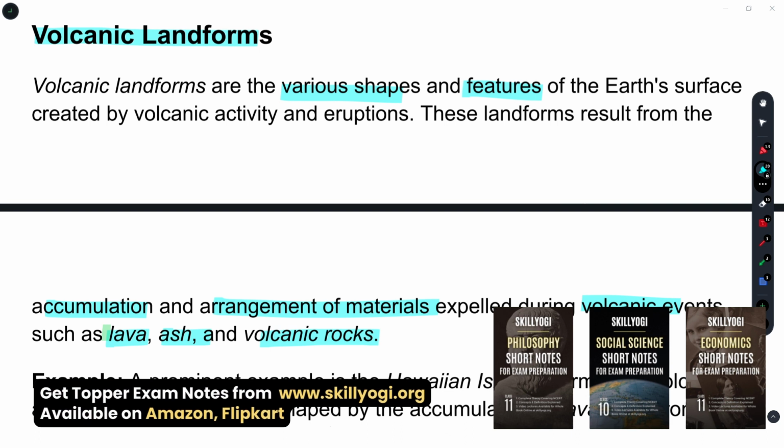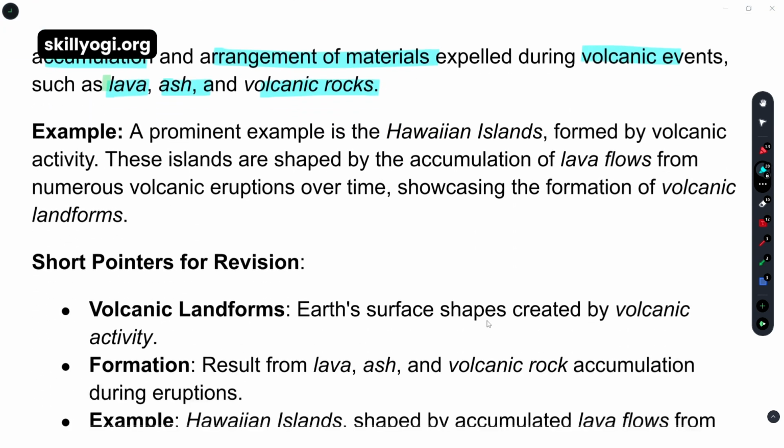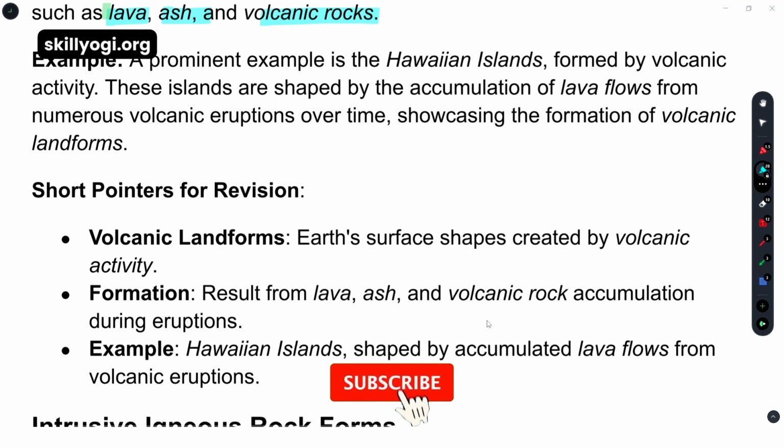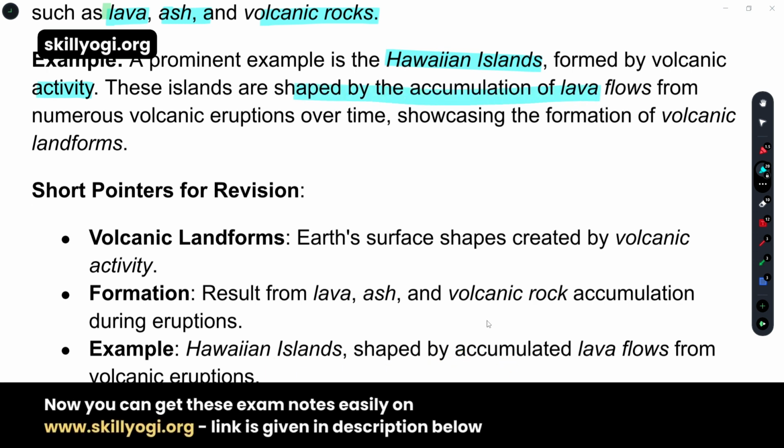Different landforms have different features, and the accumulation and arrangement of the materials will be responsible for this. For example, the Hawaiian Islands formed by volcanic activity, and these islands are shaped by the accumulation of lava flows, from numerous volcanic eruptions, which showcase the different types of landforms.